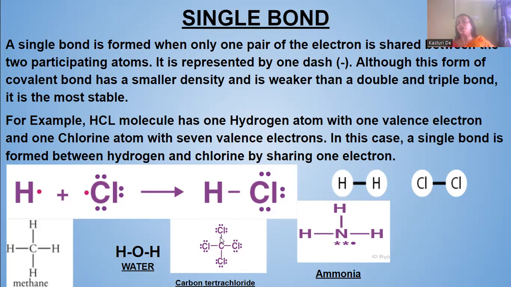Carbon shares 4 electrons with 4 chlorine atoms, forming carbon tetrachloride. Then ammonia has 3 electrons on its outermost shell, so it will share 1 electron each with one hydrogen atom. So it will form NH3, right?